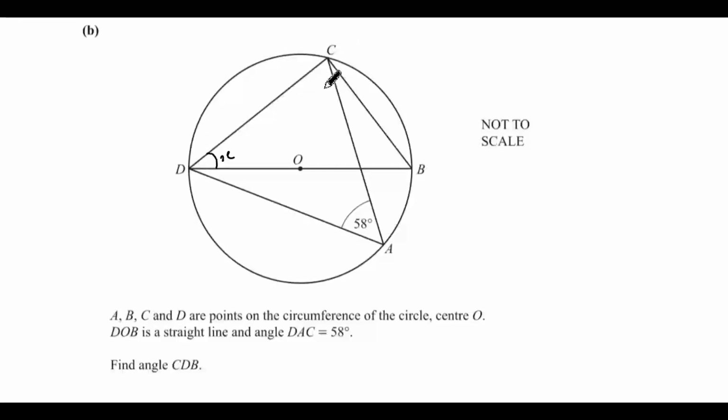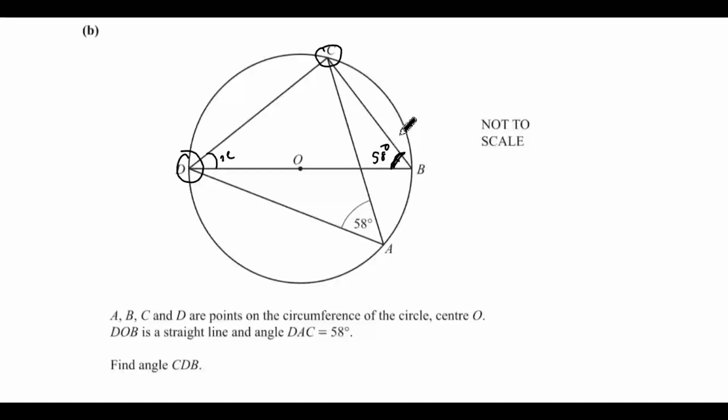This arc CD produces two angles, which are angles A and B, because they both come from this place. So these two angles are angles in the same segment. If this is 58, this will also be 58 degrees.